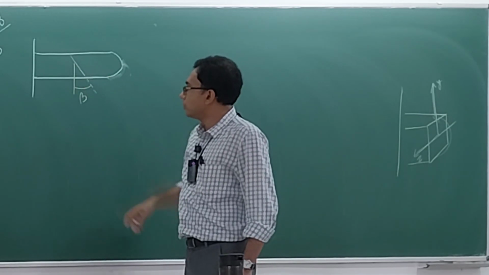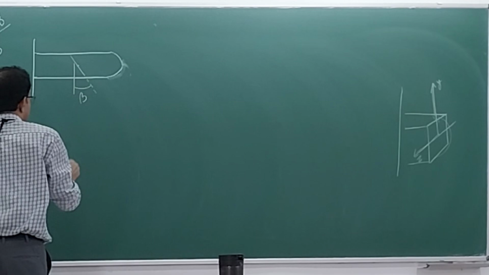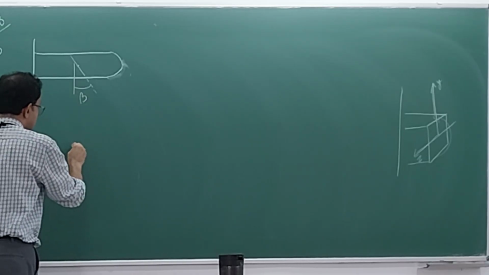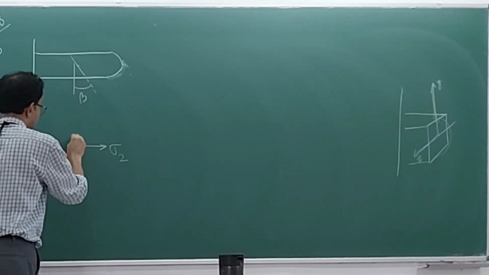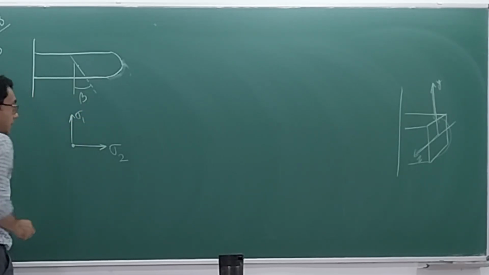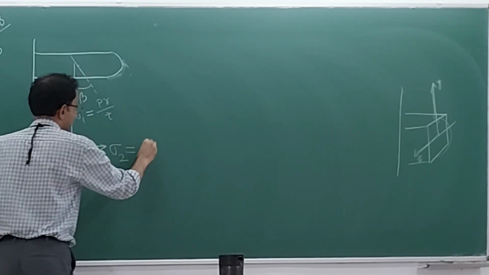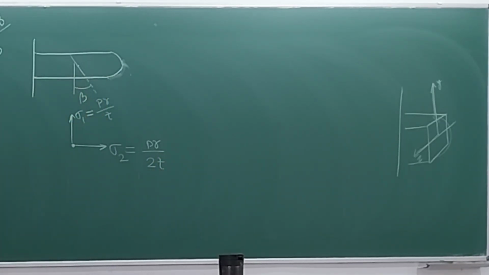We know this value is sigma 2 and this value is sigma 1. Sigma 1 is equal to PR by T, and sigma 2 is equal to PR by 2T. You can check back in your notes.